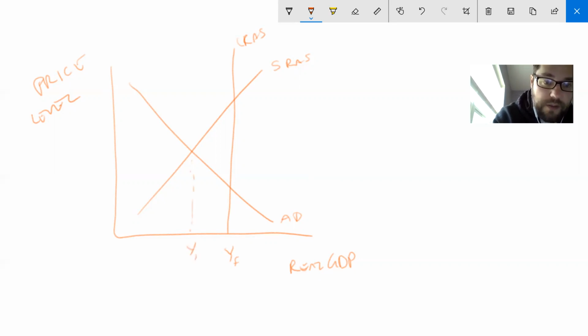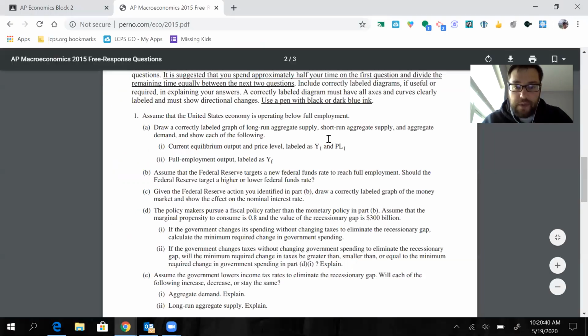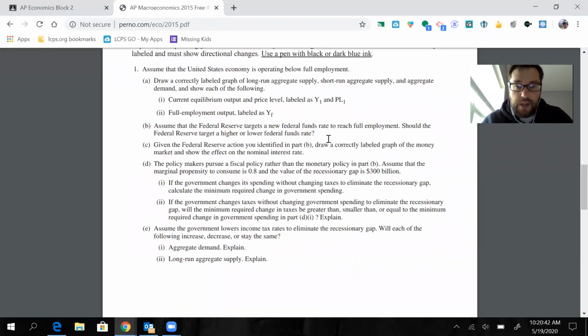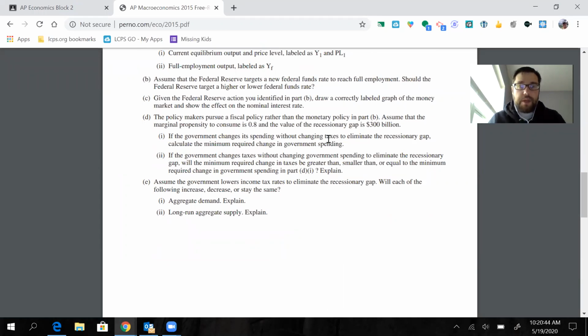I think this was Y sub 1, and this was PL1. Okay, so there you have just a basic recessionary gap graph, and that is all of part A for this question. So leave that there, close that out, come back now, and we move on to part B.